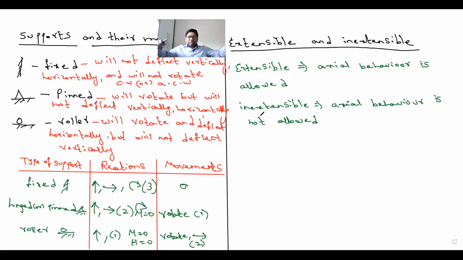If something is allowed to stretch horizontally, it is extensible. If something is not allowed to stretch or contract, then it is inextensible. In simple terms, that's it. So if we are able to stretch, elongate, or contract an object, it is called extensible. If it is not possible, then it is inextensible.